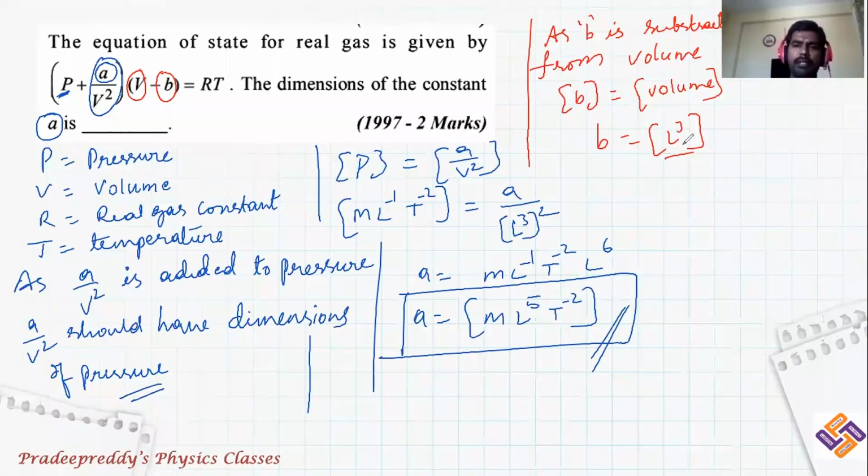So like that, you can use rule 1 here. You can use rule 1 and you can solve this problem. Dimensions of same type can be added or subtracted. So as P is added to A by V square, A by V square should also have same dimensions as P. And B is subtracted from volume. B also should have same dimensions as that of volume.